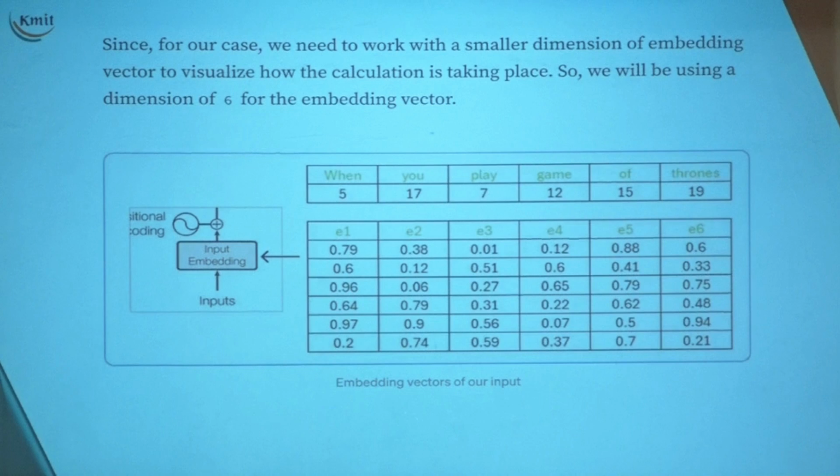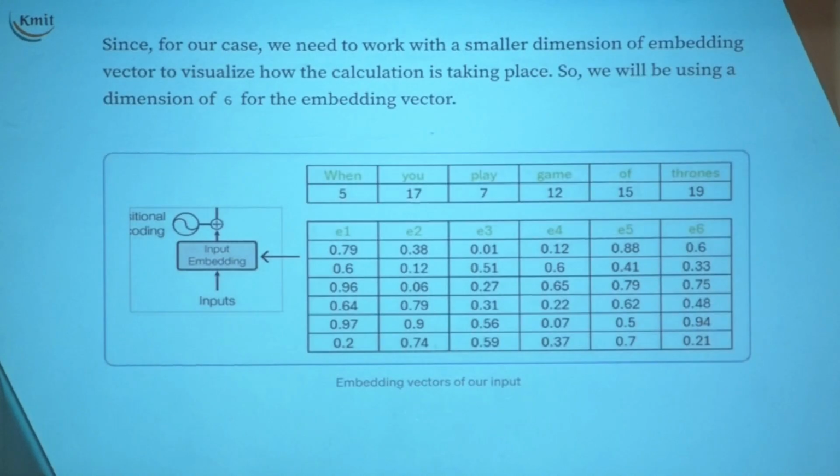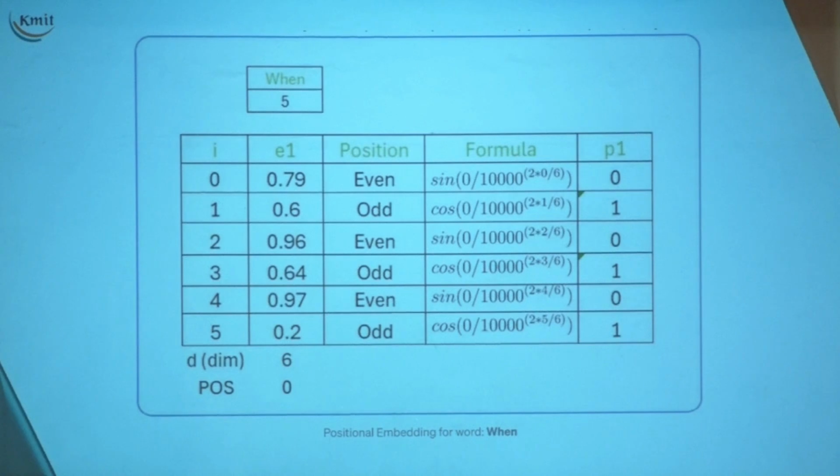So we have to calculate the positional embedding for each word, right? First I'll go with one word. What is the first word? "When". So what are the values for "When"? 0.79, 0.6, 0.96, 0.64, 0.97, 0.2. In E1 I take that. I calculate the position: first is even, odd, even, odd, even, odd. Based on the position, I'll apply the formula and calculate P1.